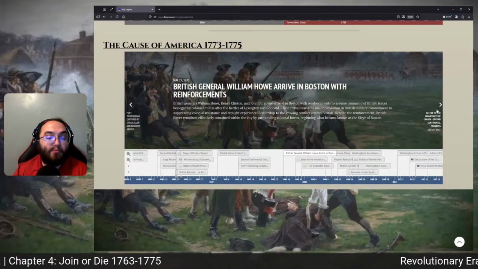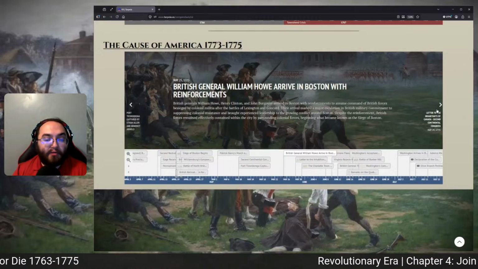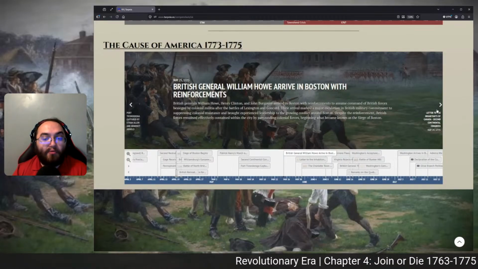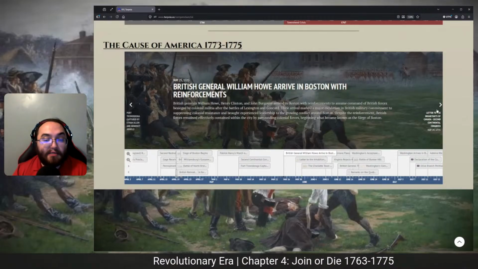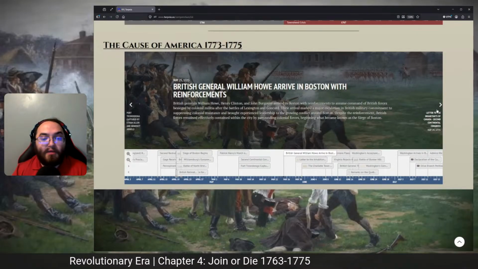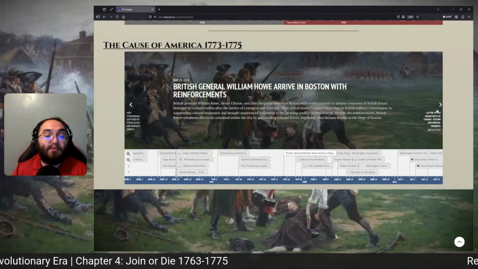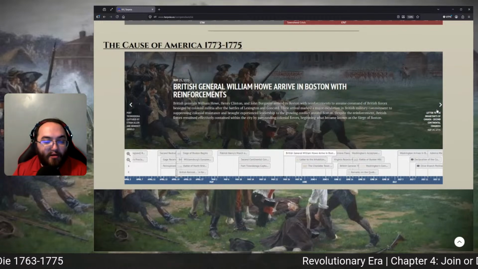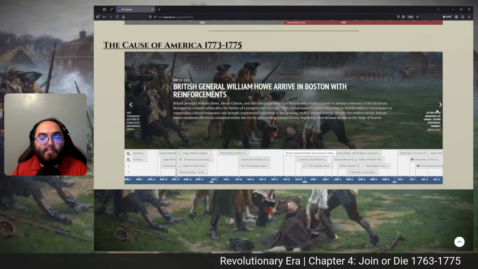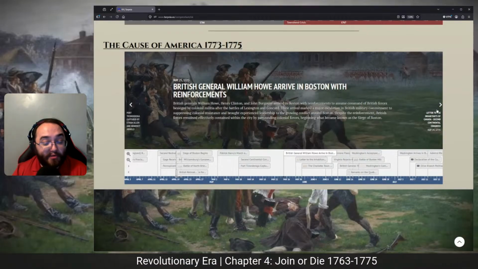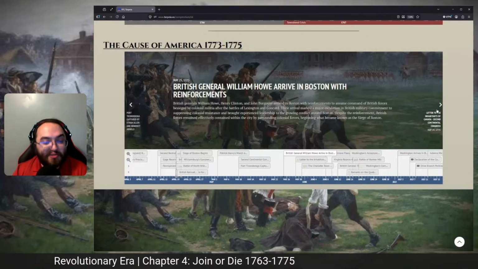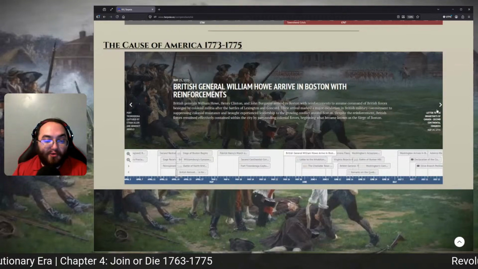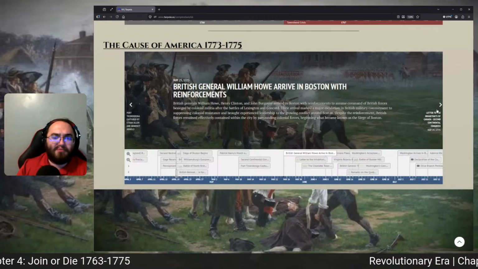He will then be replaced by Henry Clinton, and John Burgoyne will actually be defeated at the Battle of Saratoga. And then Clinton will be the commander in chief of British forces for the rest of the war after Howe. And his subordinate, Cornwallis, will be the one to surrender at Yorktown, but that's going to be the next chapter.